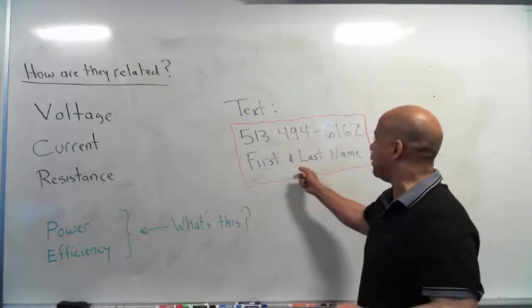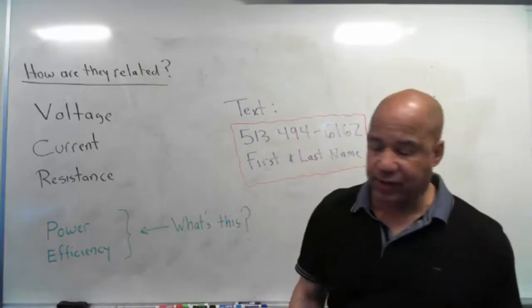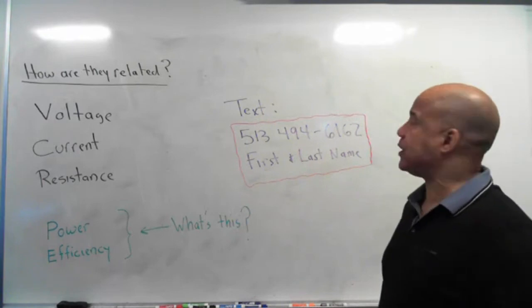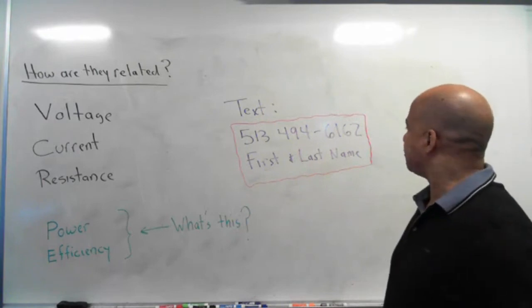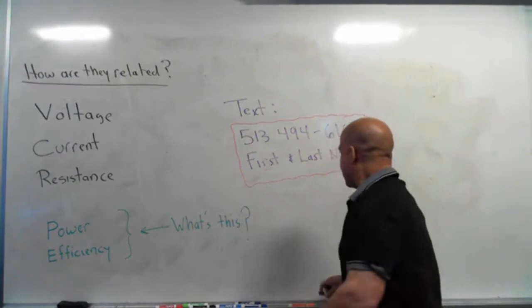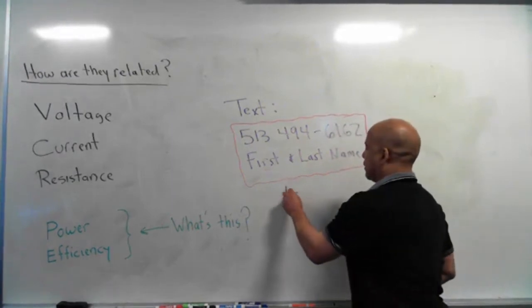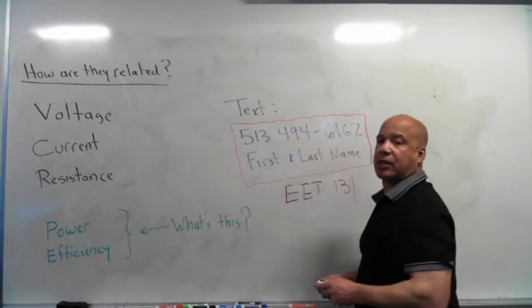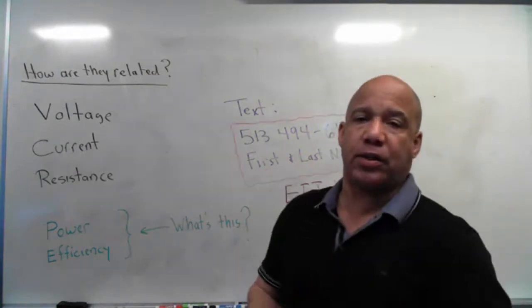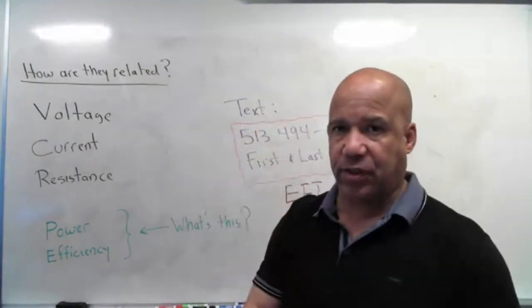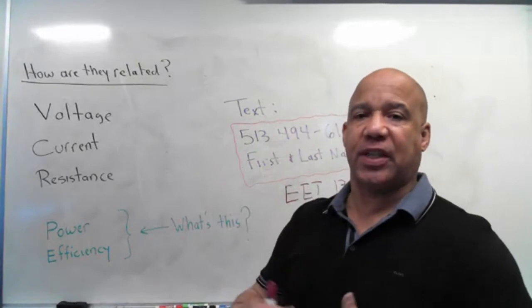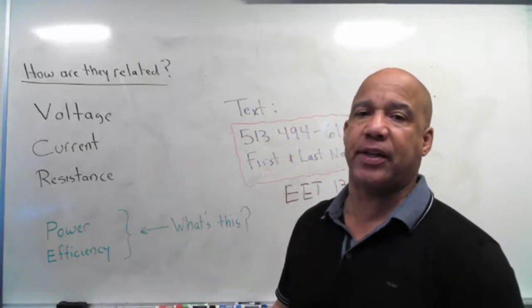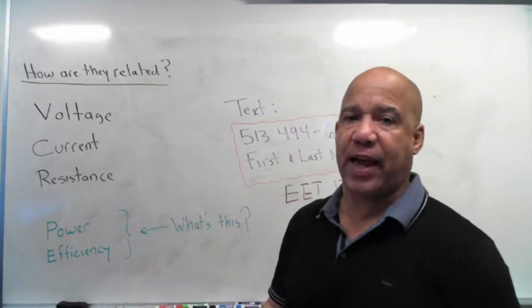If you haven't sent me your text, please go ahead and text the number you see on the board. In the text, put your first name and last name, and also write EET 131. Our attendance is due today, so what I do is I look at the text you sent me. If you don't sign in within the first 2 weeks of class, then you're removed from the class.